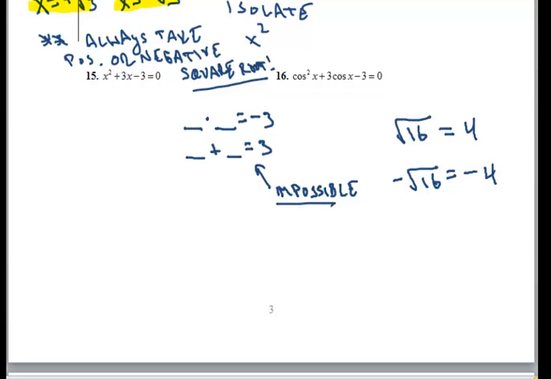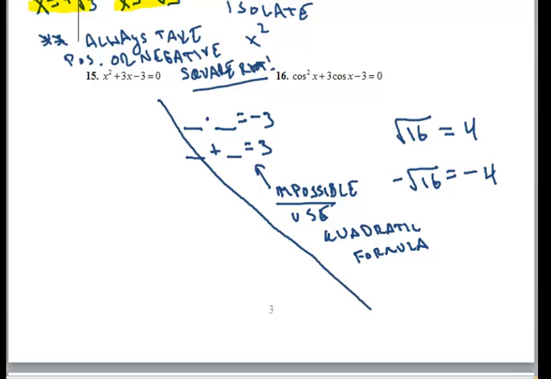Impossible. There are no integers that will multiply to negative 3 and add to positive 3. So it's not going to work. So in this case I must use the quadratic formula.